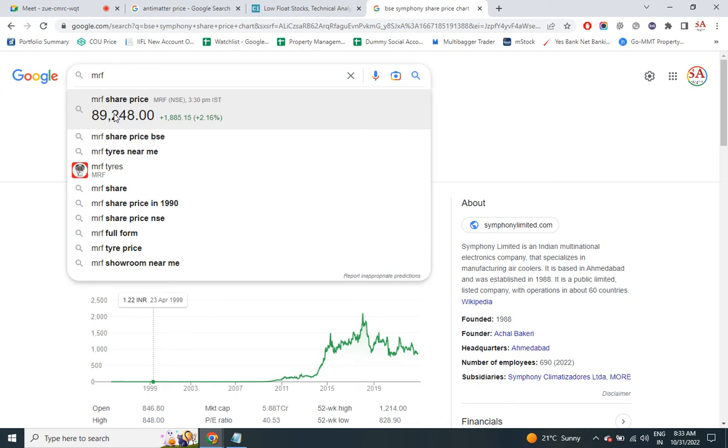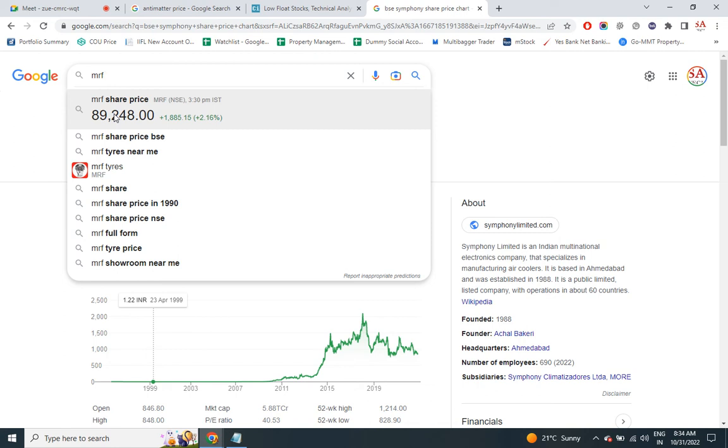Whether you are investing in a very small company, which is a micro company, or a small company, or a mid-sized company, or a large, or a blue chip. These are the categories we have. If you want safety, then you can invest in blue chip, large cap.